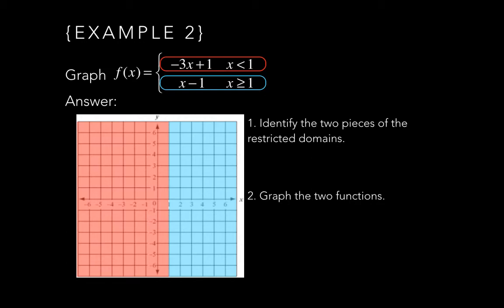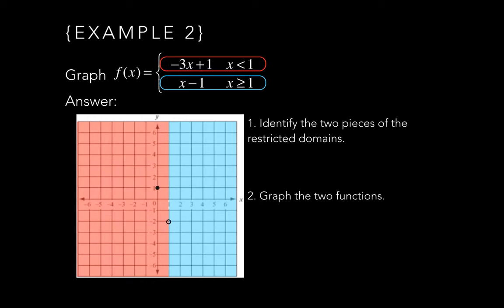So let's start with the red function, why don't we? It is a linear equation. So we identify our slope and our y-intercept. Our y-intercept is 1, so we begin at our b value, and then we will move according to our slope, which means we will go down 3 and to the right 1. And you'll notice that we're on that dividing line.